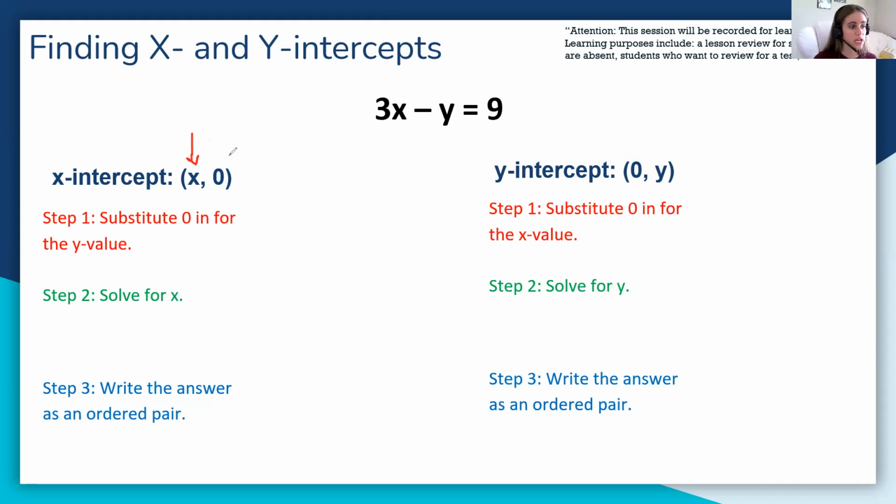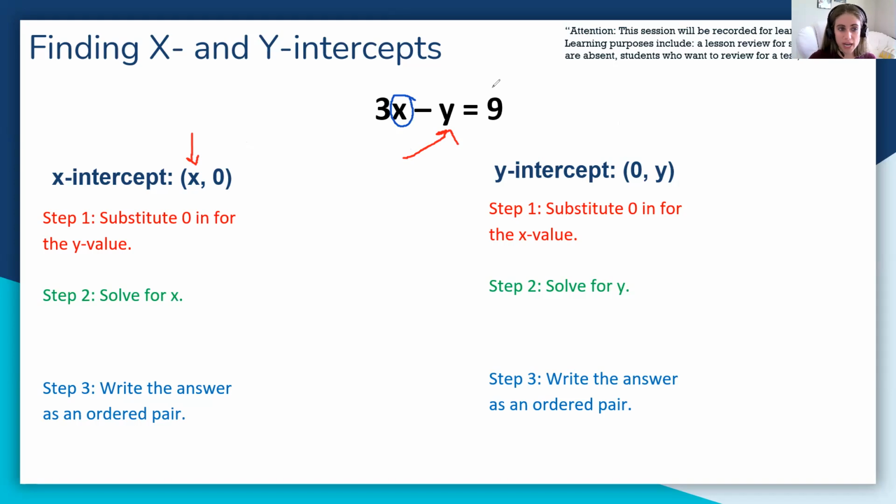Therefore, if we want to find the x-intercept of this line, we know that 0 will be our y value. So if we plug in 0 for y, that will allow us to solve our equation for x, and it will give us our x value when y is 0. And when y is 0, we have our x-intercept.